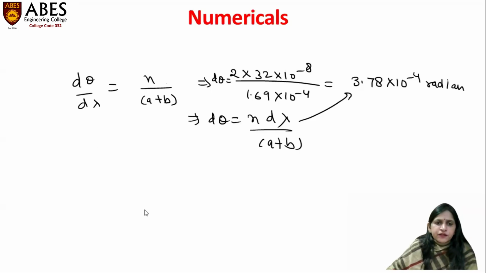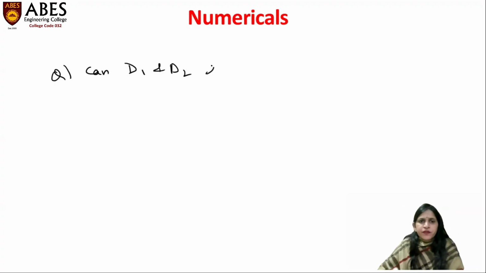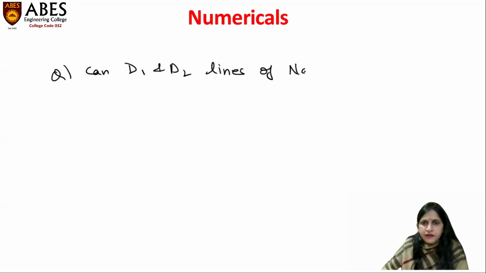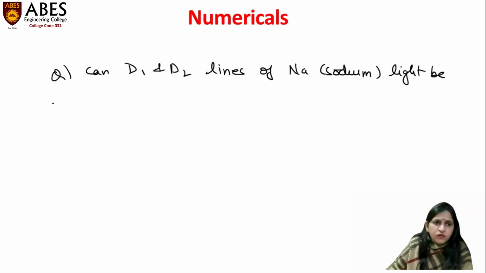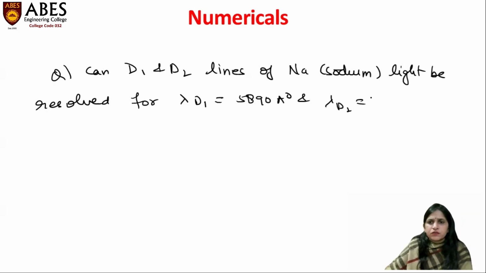Let us do one more numerical. Question: can the D1 and D2 lines of Na, sodium, light be resolved for lambda D1 equal to 5890 angstrom and lambda D2 equal to 5896 angstrom in second order?